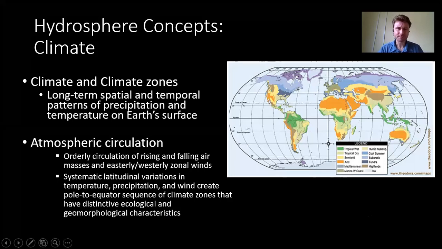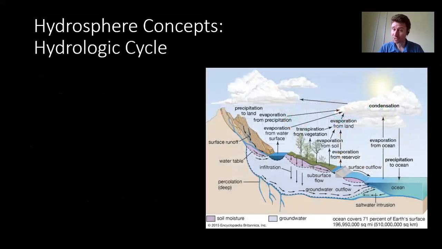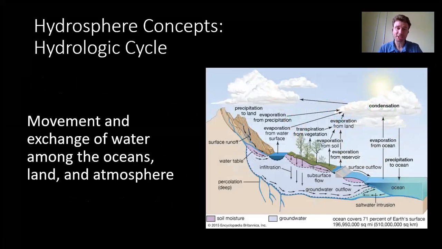We've seen that. And of course, our hydrologic cycle, the movement and exchange of water among the oceans, land, and atmosphere, and how this works to reshape our landscapes and our landforms that we're studying.